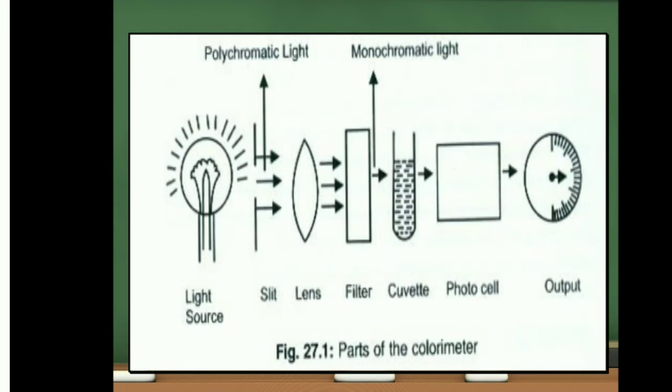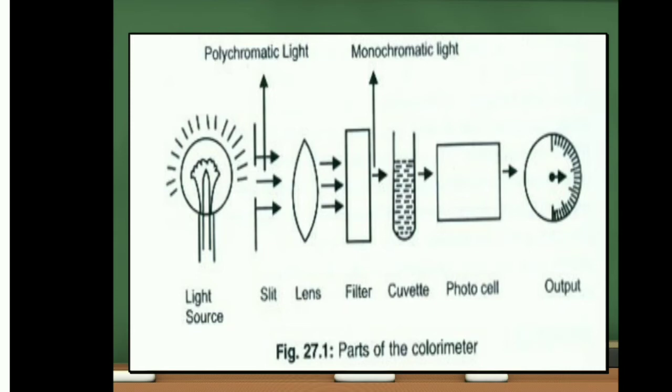Light source will generate polychromatic light, which passes through the slit. After that, a lens is placed, then a filter will only allow monochromatic light to pass through it.